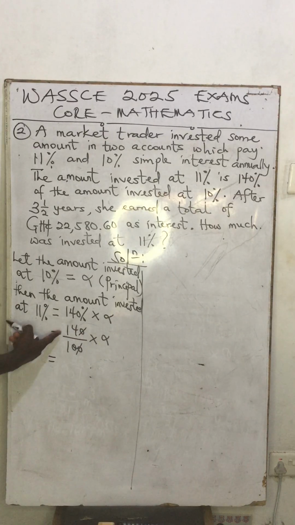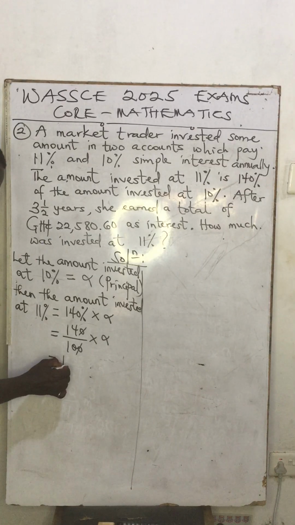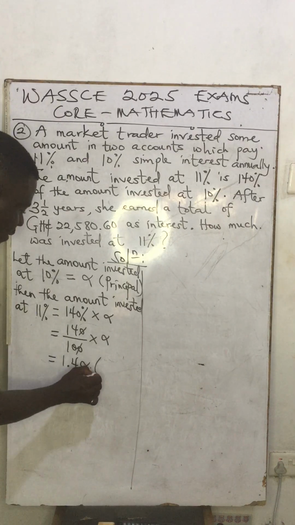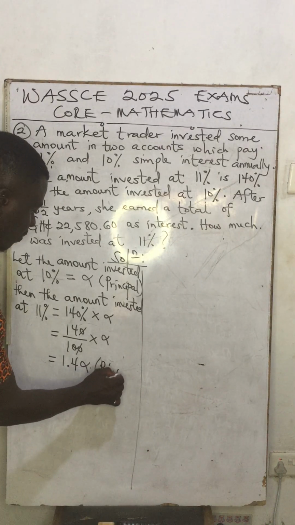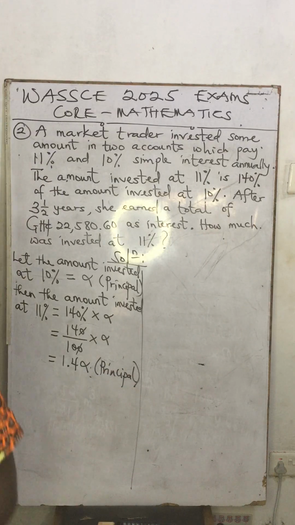This one cancels, 14 divided by 10 is 1.4 alpha. And this is the principal.